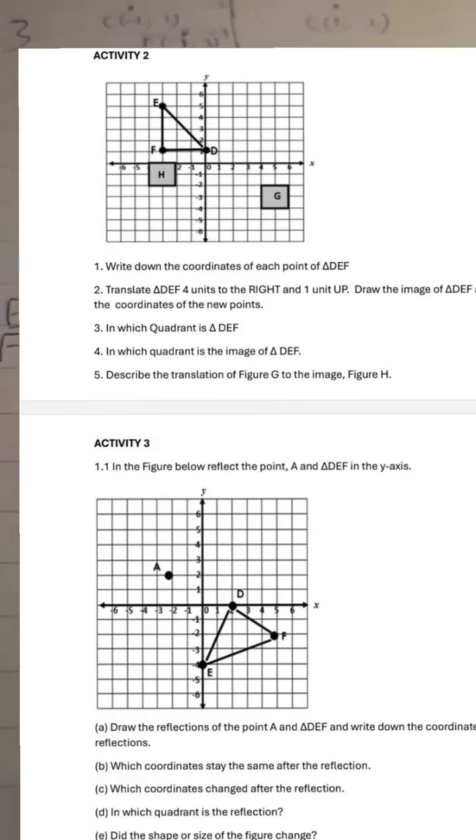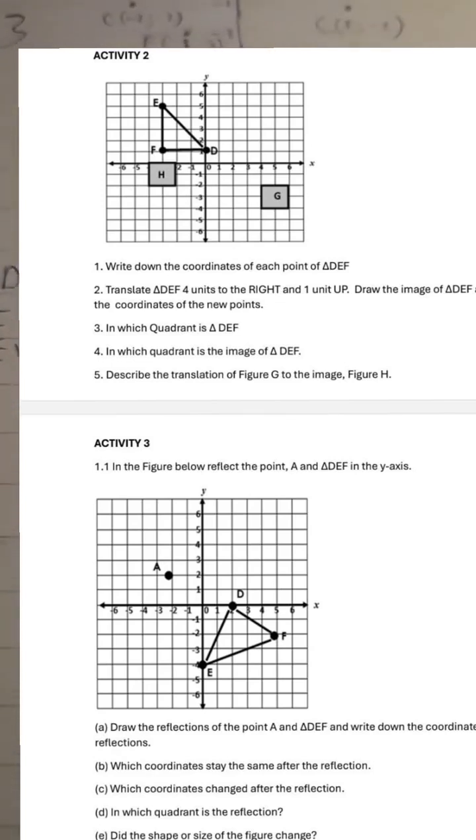Then I want to check what has happened for that same corner to now be the corner that I see of H, which is the top left corner. That top left corner of H has the coordinates of -4 and 0.